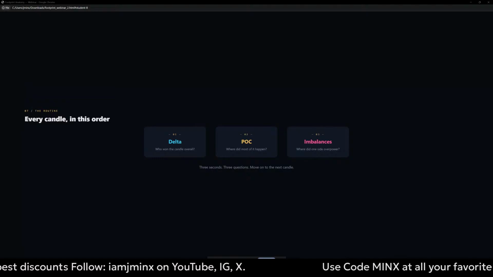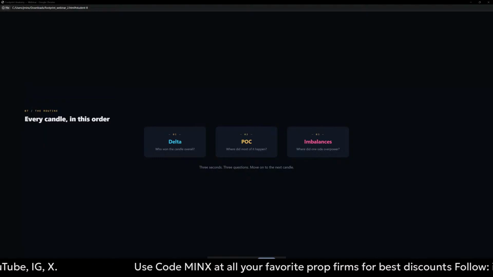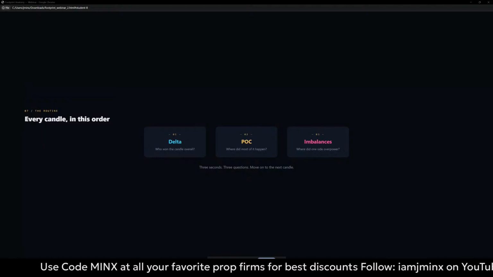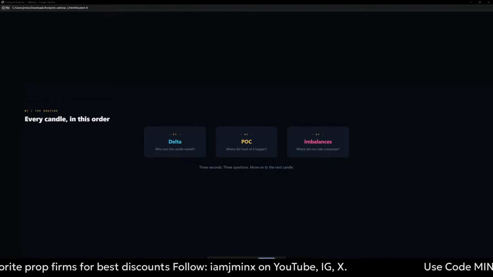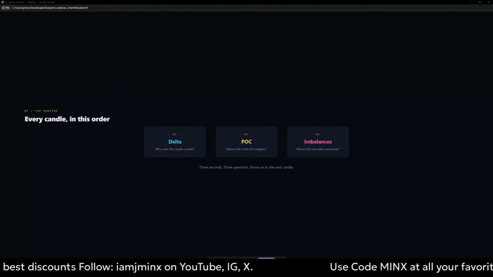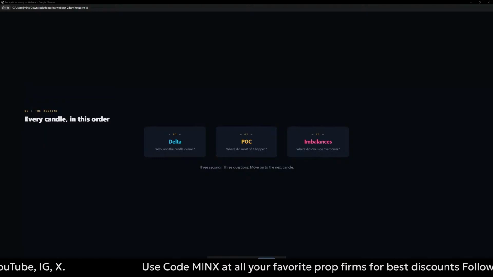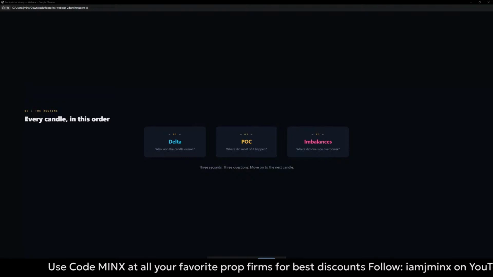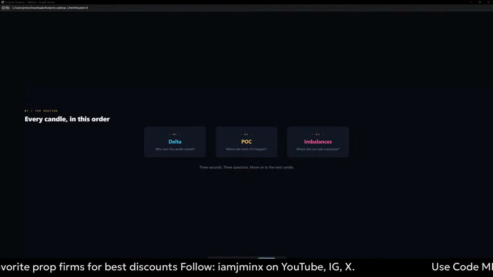Second, POC, or point of control: where they fought. And third, the imbalances: where one side overpowered, which we read diagonally. Delta, POC, imbalances, those 3 questions, next candle. You just want to train that sequence until there's muscle memory. The speed comes from the order, not from talent.